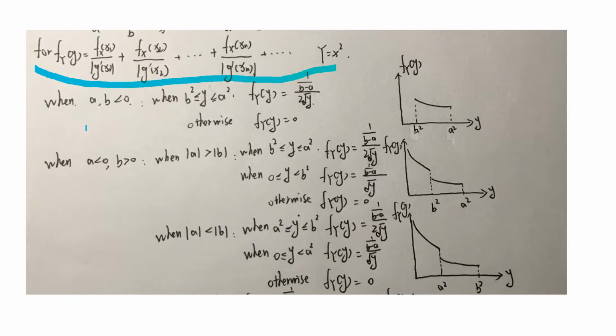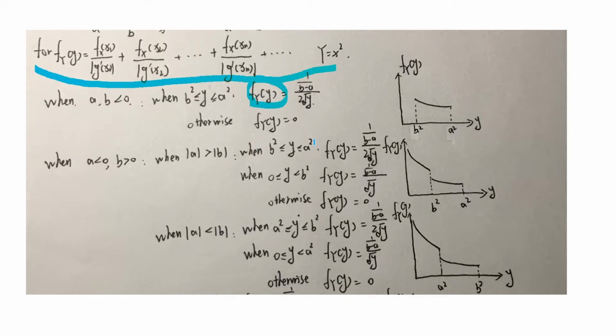The first is when a and b are both less than 0. There is only one possible circumstance to make sure that f_Y(y) is not equal to 0, which is when the negative square root of y is in the range between a to b. We get that y is in the range between the square of b and the square of a.